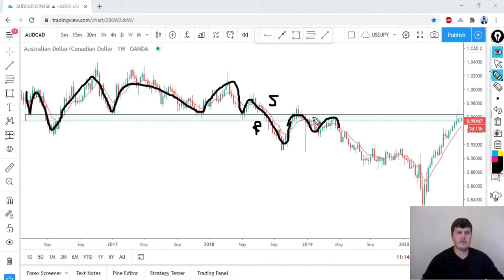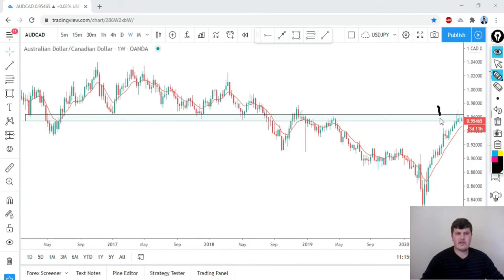As you might remember, when support breaks, it becomes a resistance for price, and when resistance areas break, they can become support areas. So currently in the market, we are at this very strong support and resistance area that has been tested for almost 4 years now.